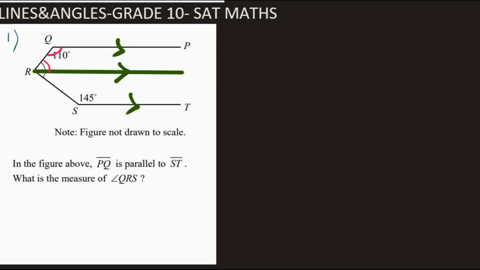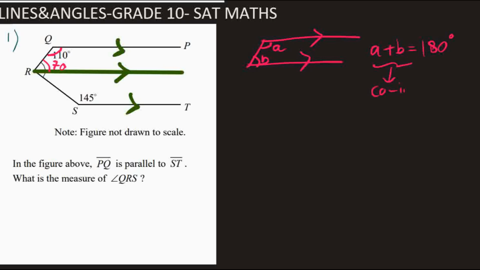So the value of this will be 180 minus 110, which equals 70. So we are using the principle of the co-interior angle. We have two parallel lines, and this is A and this is B. So A plus B equals 180. This is the property of co-interior angles.